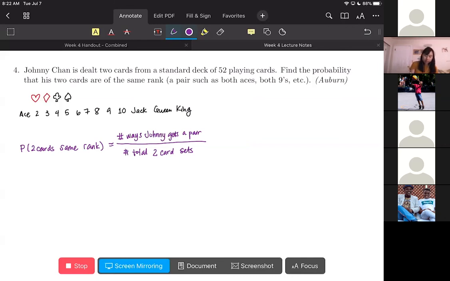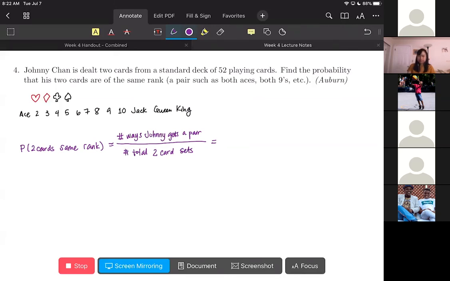So now we can count the top and the bottom. How many ways can Johnny get a pair, 2 cards of the same rank? So 2 aces, 2 twos, 2 threes, 4s, etc.